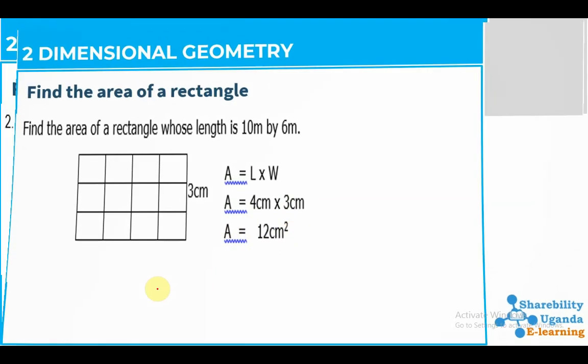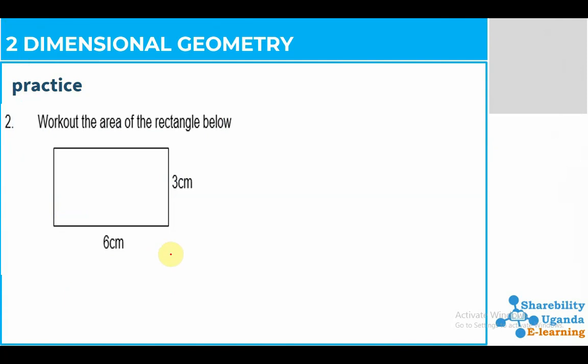So that's the way we can find the area of different shapes. Okay, let's also see whether we can work out the area if you are given a certain shape. Here they are saying work out the area of the rectangle below.